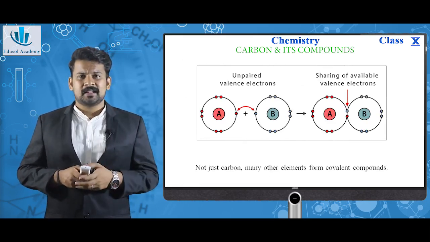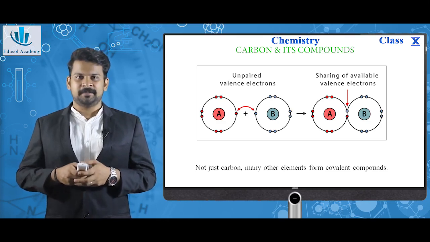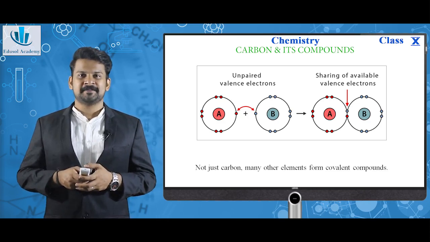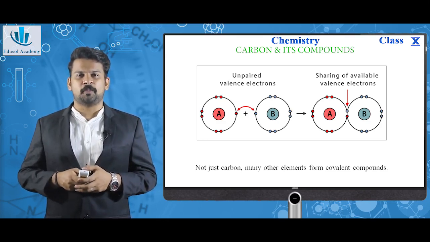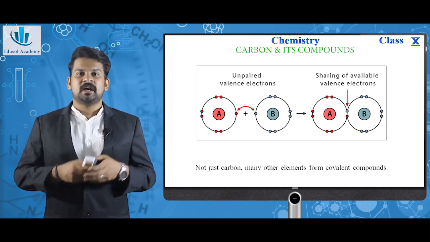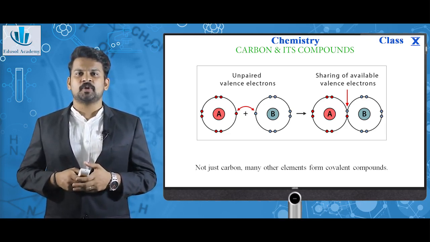As you can see, there are two elements A and B, both having 7 valence electrons in their outermost shell. A needs 1 more electron to achieve the noble gas configuration, and so does B. So they share the single remaining electron of each atom, such that A now has 8 electrons surrounding it and B also has 8 electrons surrounding it.